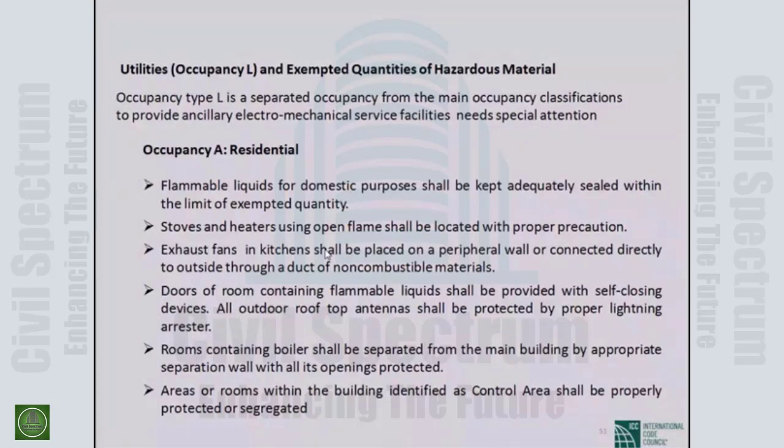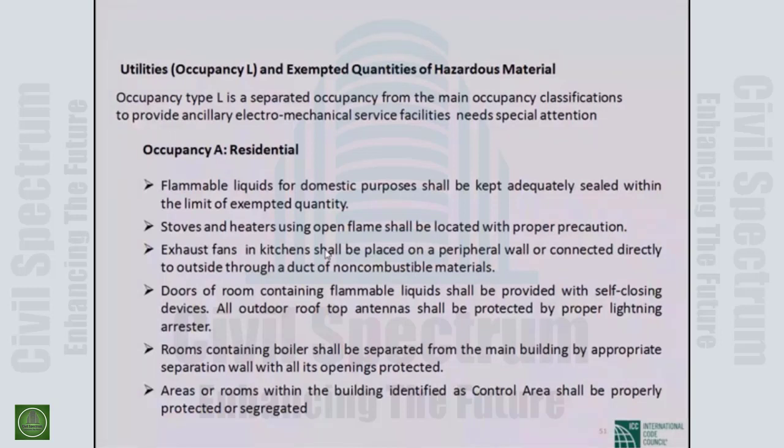Depending on the type of occupancy, you need some special type of limitations. So every occupancy has a different type of utilities and conditions. It is occupancy to occupancy different. So you have to be careful when you are using utilities for different types of occupancy.